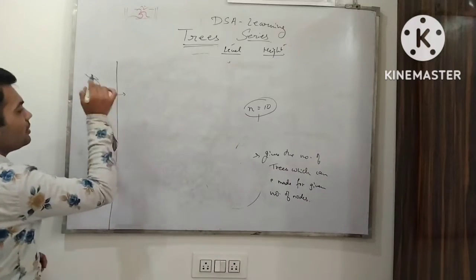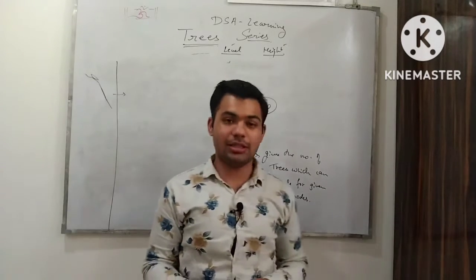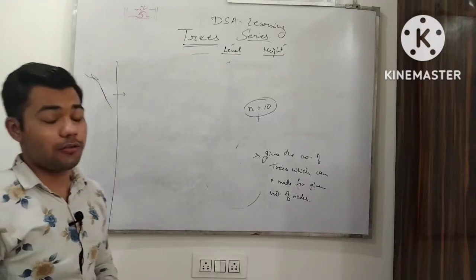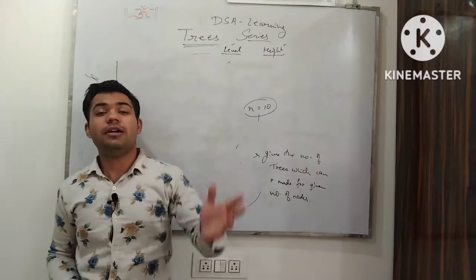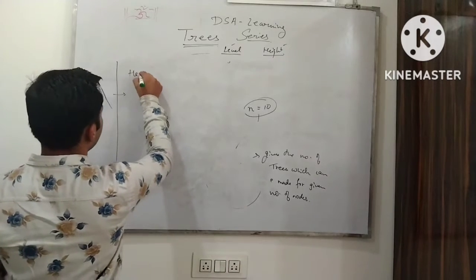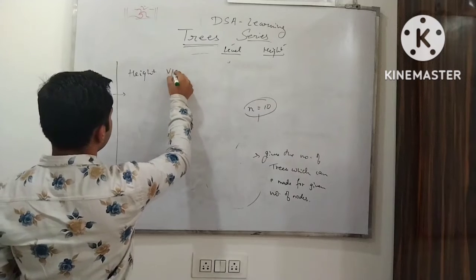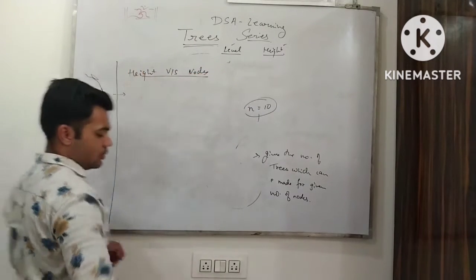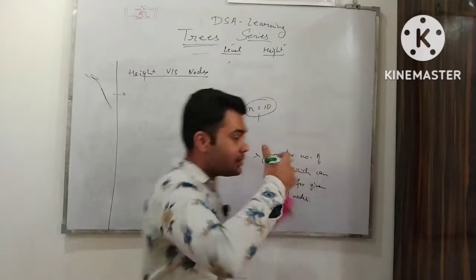If the height is given, then how many nodes will be in the tree, or if the number of nodes is given, then how we can calculate the maximum height and the minimum height of the tree. We are going to discuss that here. Height versus nodes.